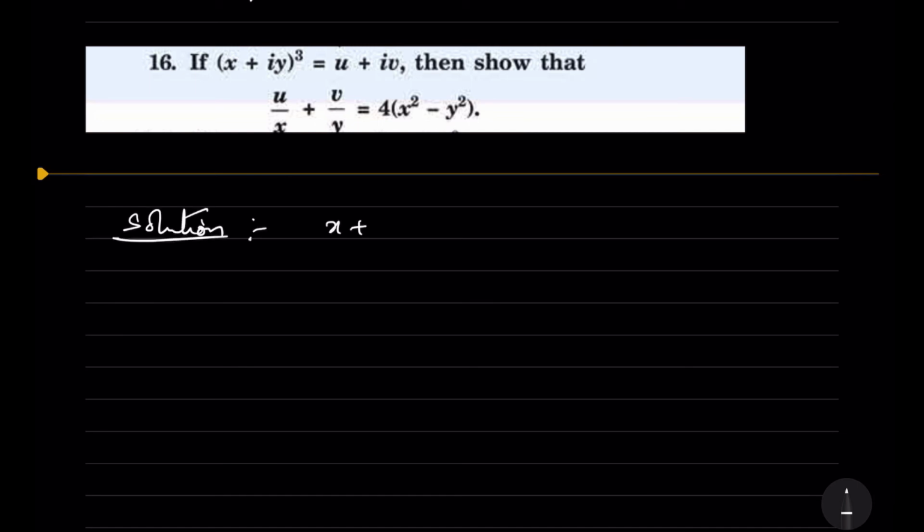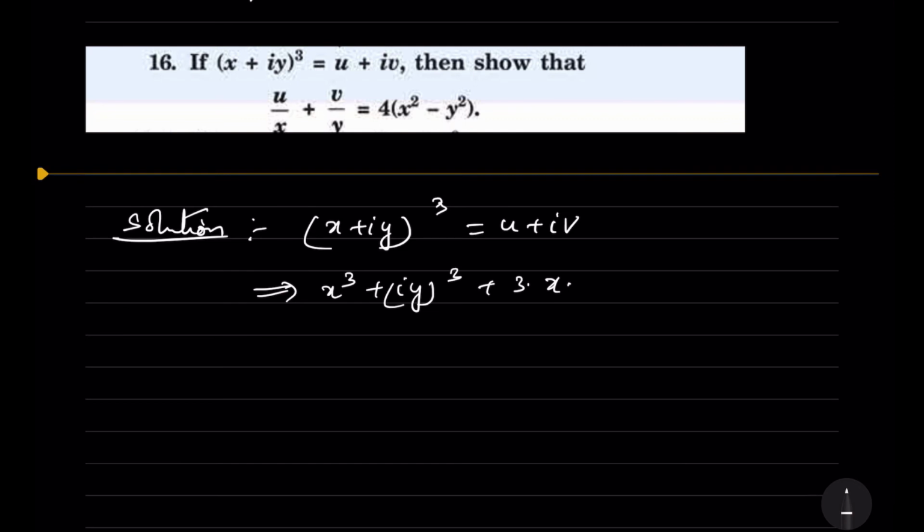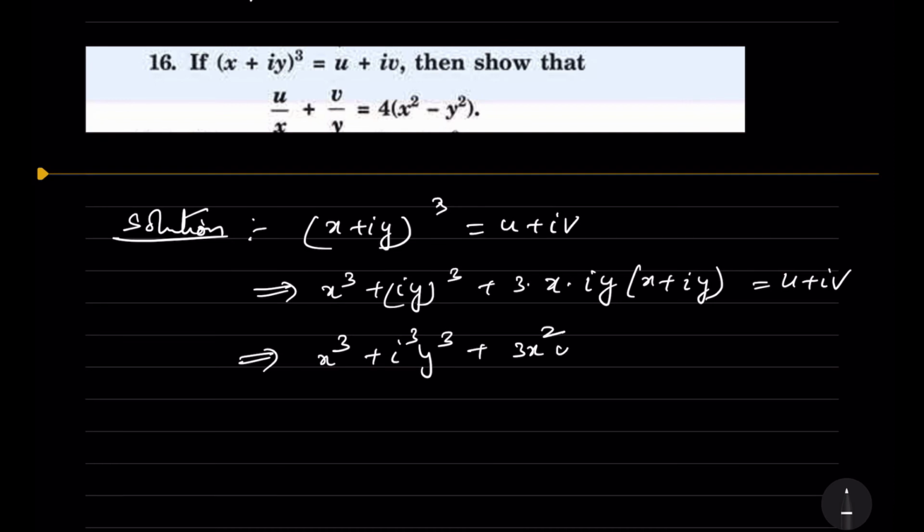It is x plus iy whole cubed is equal to u plus iv. So you are going to get x cube plus iy whole cube plus 3 into x into iy into x plus iy, which is equal to u plus iv. It's given. So this is equal to x cube plus I cube y cube plus 3x square yi plus 3xy square I square, which is equal to u plus iv.